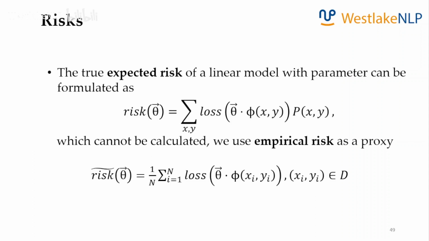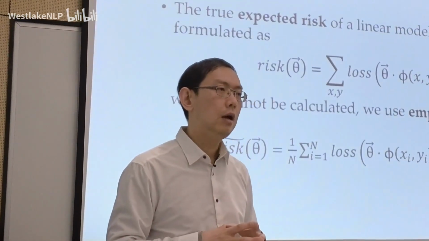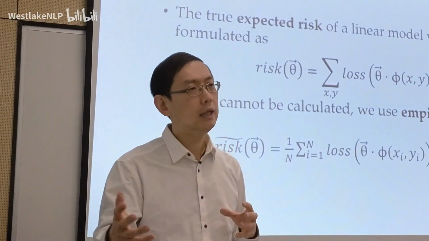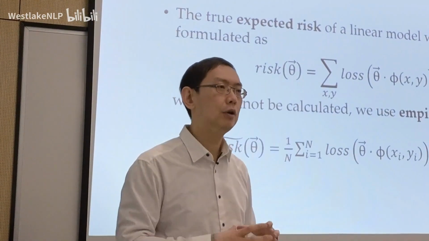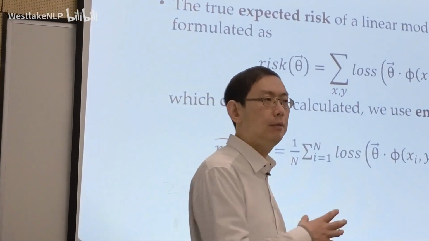The empirical risk is then the average of the loss you define over the training set. You minimize this empirical risk to indirectly minimize the expected risk by assuming that your test data is distributed similarly to your training data. This is called empirical risk minimization.